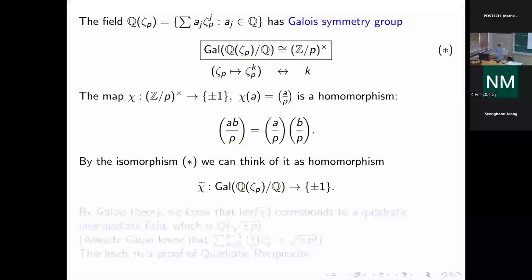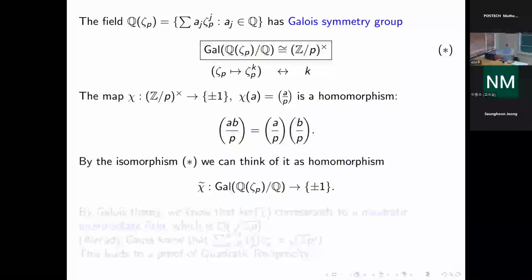And because of this isomorphism on top, we have these two groups that are the same. We can think of this homomorphism as a homomorphism of the Galois group. So we get a homomorphism of the Galois group, Gal(Q(zeta p)/Q), to plus or minus 1.